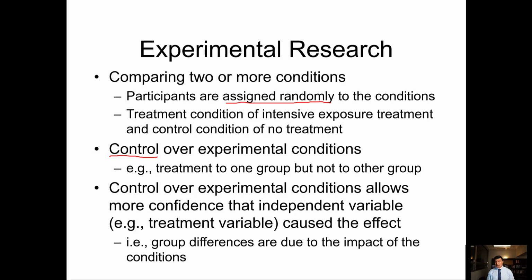It's just taking people and they randomly go into one group or another group. And we think that that random assignment controls for any sort of experimental bias. By putting them randomly into groups, we control for that bias. We don't want people picking their group because that could bias the results, or the experimenter picking people to be in one group or another because that could bias things. So we randomly assign people to groups.